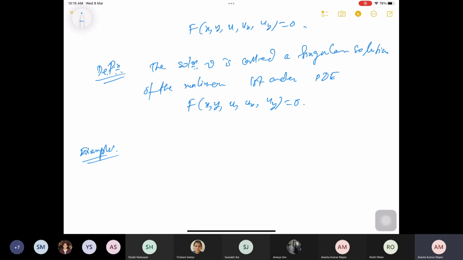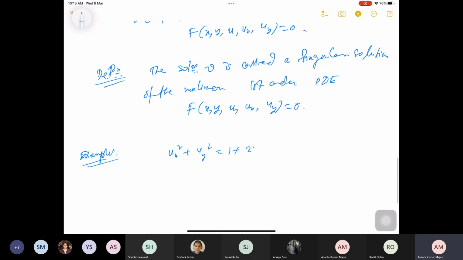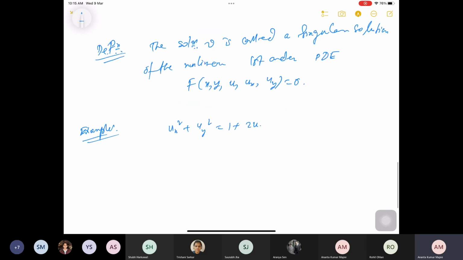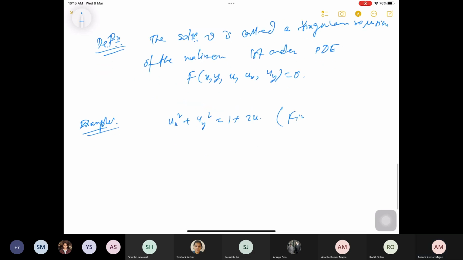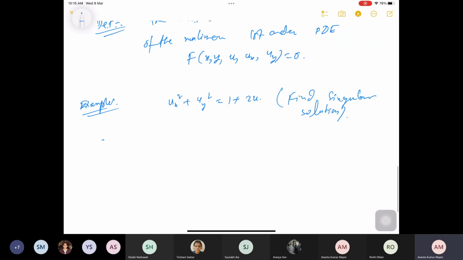So here, I am considering this nonlinear equation u_x squared plus u_y squared equal to 1 plus 2u. I want to find the singular solution. For that, as I said, it is a two step process.